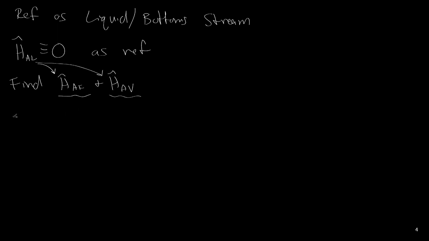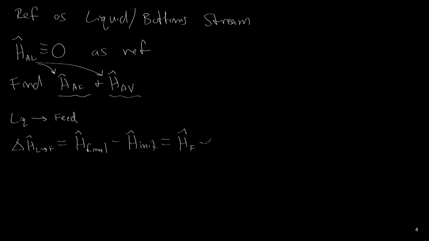So we'll start off going from the liquid stream to the feed stream. In this case, what we're interested in is calculating delta H from L to F. Now delta H, if you recall, is always equal to H hat of the final state minus H hat of the initial state. For the case we're working with here, going from L to F, this is equal to H hat of F minus H hat of L. Since we're working with component A, this gives us H hat of AF minus H hat of AL.